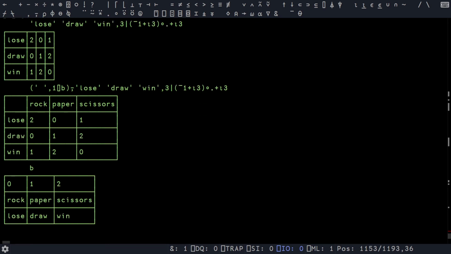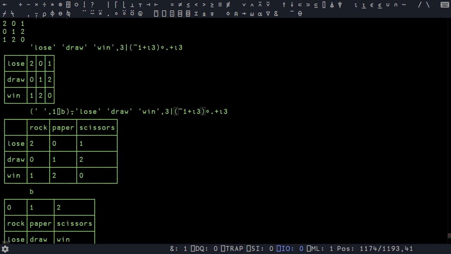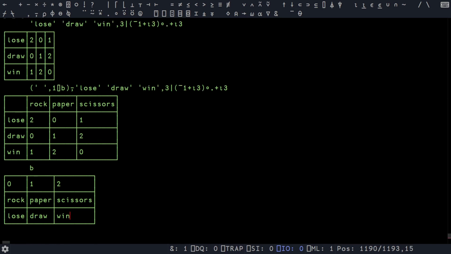And we're going to be adding the moves together, but we can subtract 1 from our results of lose, draw, win, right? Because actually we don't want draw to be 1, we want it to be 0.